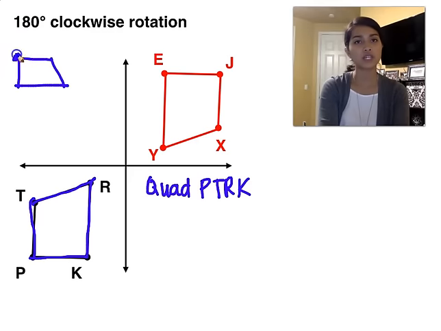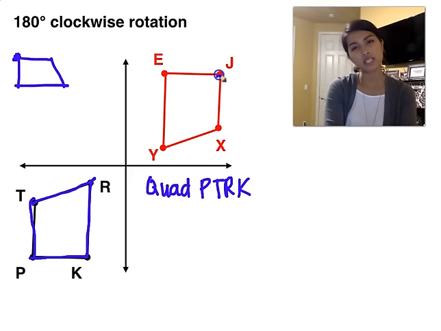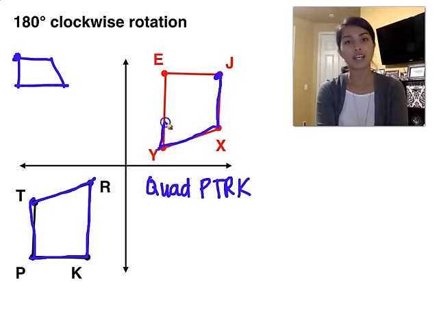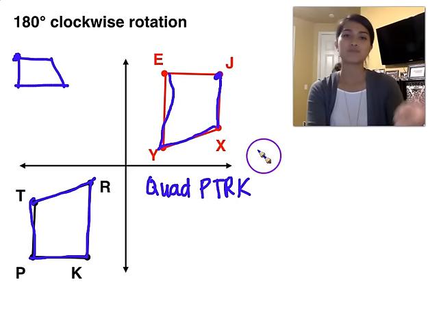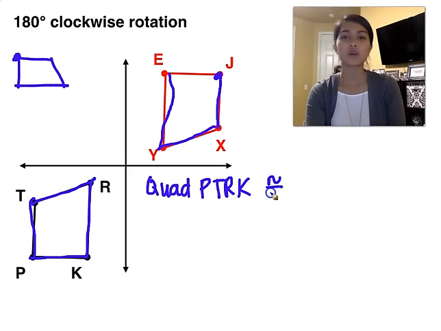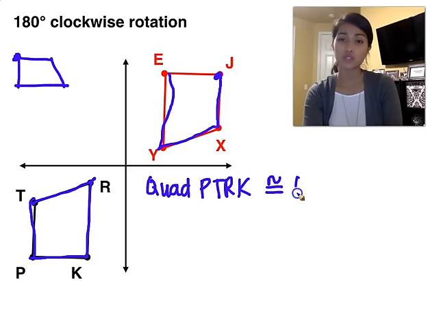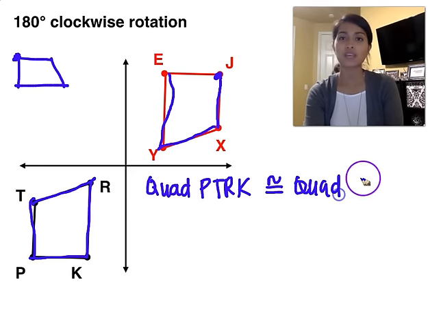I'm going to start at this point here, which corresponds to this point, and it's going to go this way. So it's going to go J, X, Y, E. So I'm going to put that is congruent to quadrilateral J, X, Y, E.